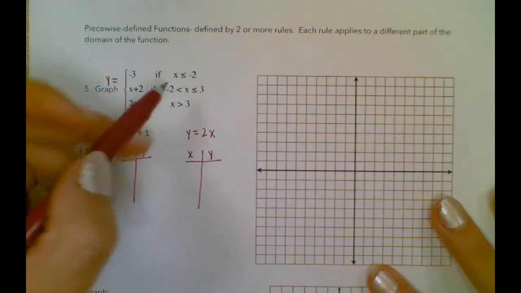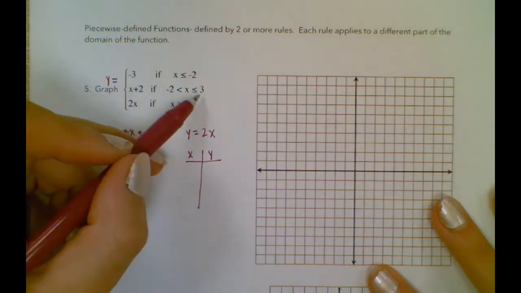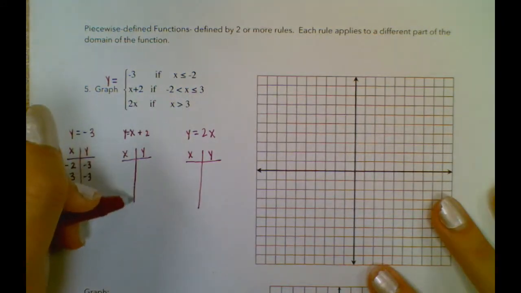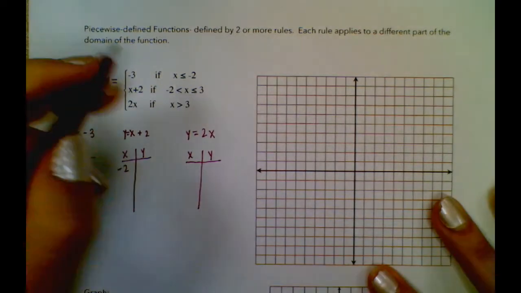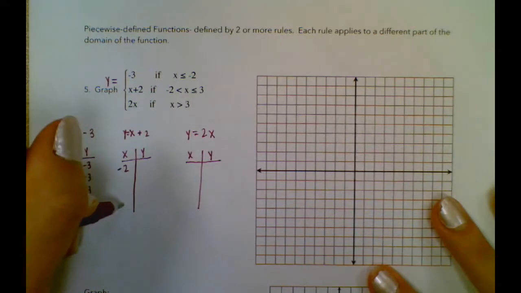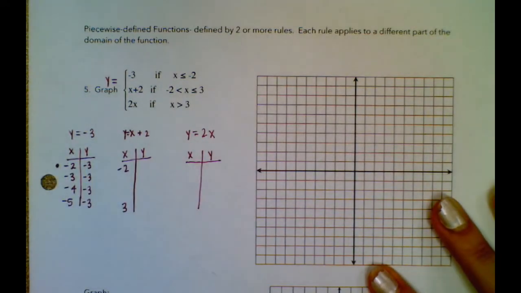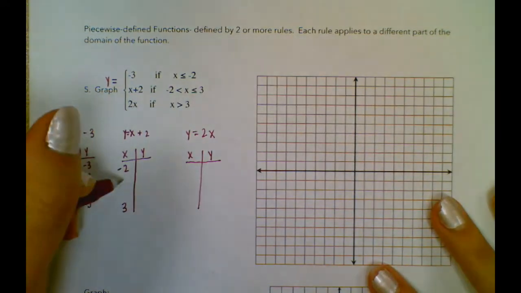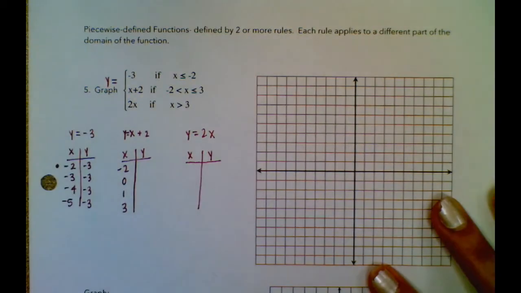All right, over here in this equation, we go from -2, I'm sorry, to 3. So -2, I need x values that are greater than that and that are less than 3. So I'm just going to pick like 1 or 2 values. Let's just say 0 and 1. Okay? Those are nice, pretty numbers.